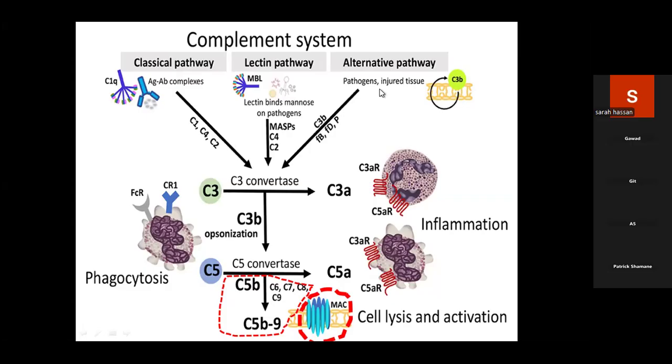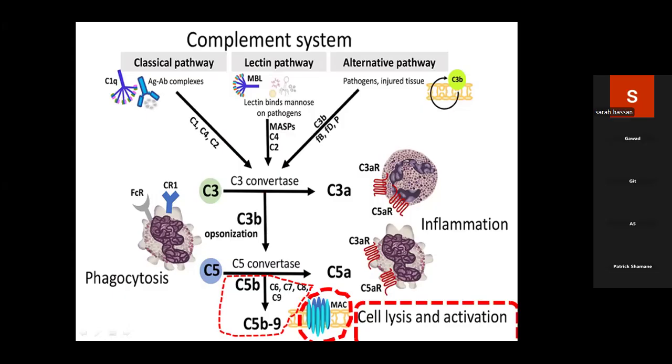In the classic pathway, an antigen-antibody complex will be the initiating factor. In the alternative pathway, injured or dead tissue will be the initiating factor, and the lectin pathway as well. All will end up at the C3 level. So from the C3 level down, we are in a common complement pathway. And that's a very important issue to keep in mind.